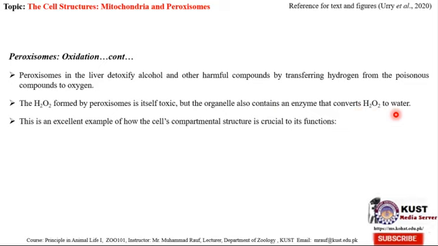converting it into water. So, this is yet another example of how the cell's compartmental structure is crucial to its functions. So inside the cell there are different organelles which are surrounded by membranes, and these membranes help maintain an internal environment feasible for the organelle to carry out its functions irrespective of what is happening in the cytoplasm.